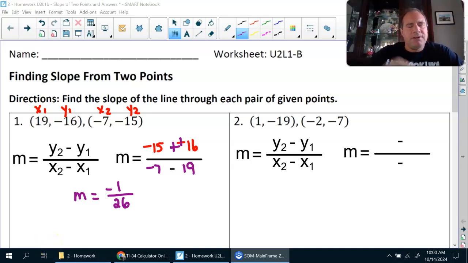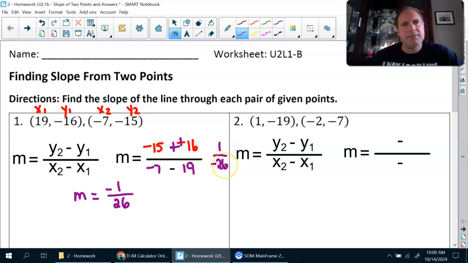And just remember, negative 1 over 26 really is a negative fraction. This is a negative slope. A negative 15 plus 16 would be equal to 1, and this right here is negative 26. So it doesn't matter where you put the negative. It just matters that one, either numerator or denominator, is negative to make it a negative slope.